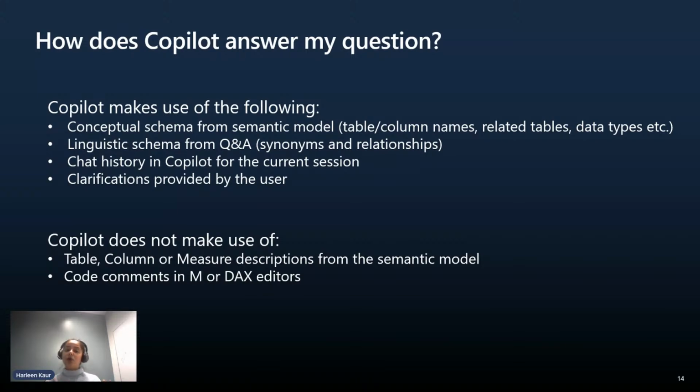It also uses the linguistic schema from Q&A, the synonyms that you might have added, and the relationships, the chat history in Copilot for the current session, like anything that you might have asked Copilot previously, and also clarifications provided by the user. What Copilot does not make use of are table, column, and measure descriptions from the semantic model, and also code comments in the M and DAX editors.